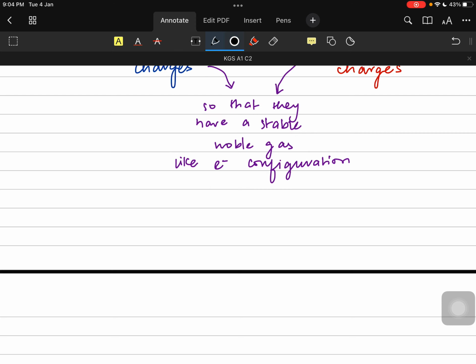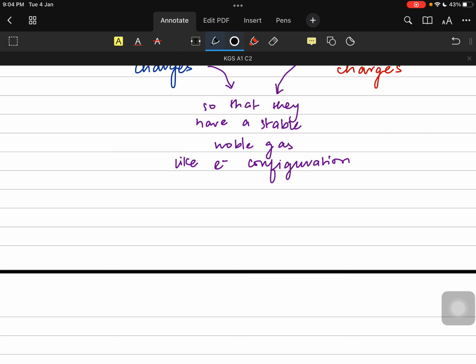Groups 1, 2 and 3 are metals because metals lose electrons, while groups 4, 5, 6 and 7 are non-metals because they gain electrons. So the left side of the periodic table has metals, and the right side has non-metals.